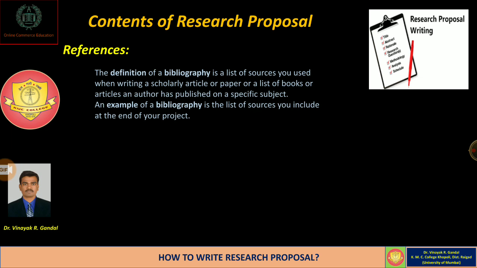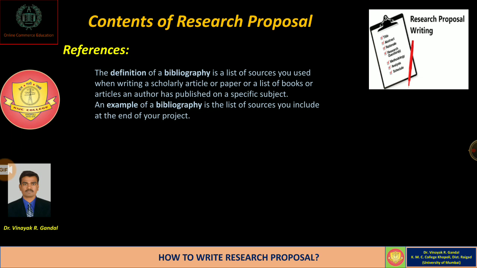The definition of bibliography is a list of sources you used when writing a scholarly article or paper. It is the list of books, or list of authors, or whatever articles have been published by the authors on specific subjects.